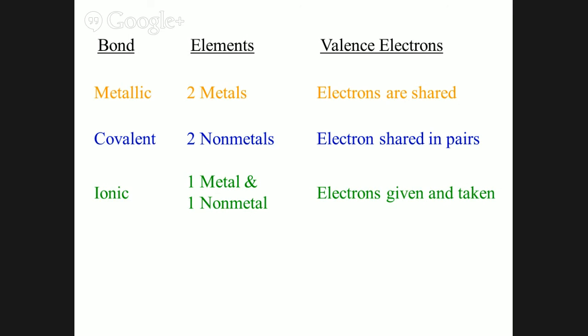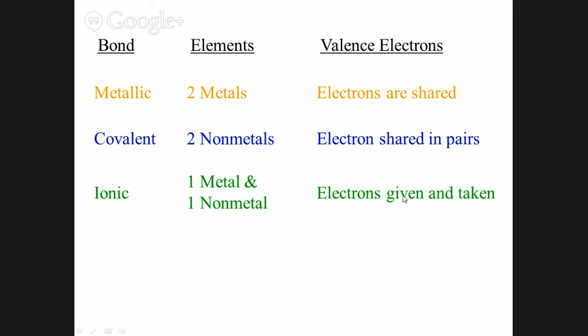We also have to worry about valence electrons. Okay, metallic, valence electrons that are shared in that sea of electrons. They don't belong to any one atom. Covalent, which form molecular compounds, are shared in pairs. Could be single, double, or triple, but still shared in pairs, kind of locked in place. Don't really conduct electricity well.